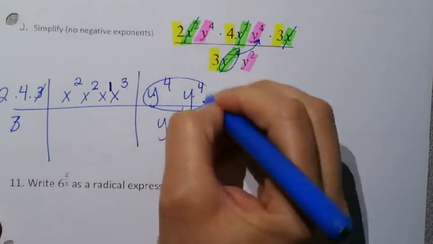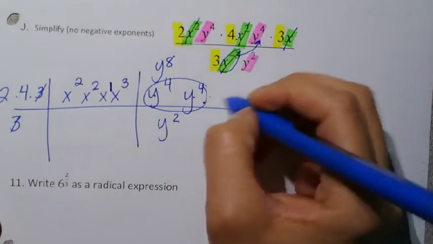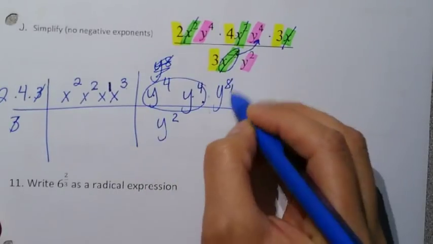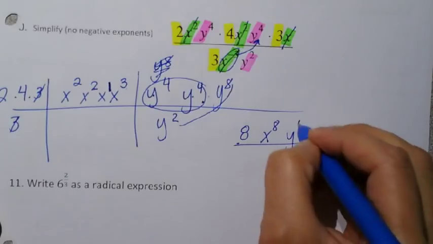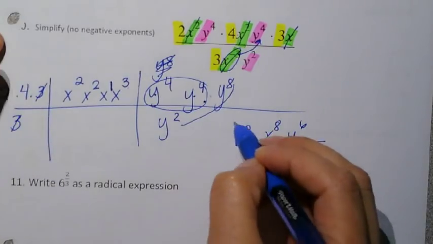So this together will be y to the 8th. So the y's are really y to the 8th over y squared. I subtract, so y to the 6th on the top. And then that would be my answer.